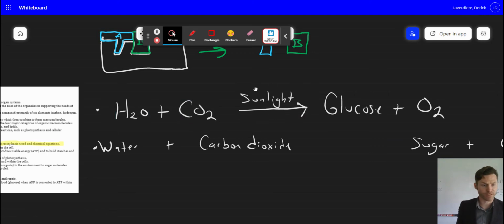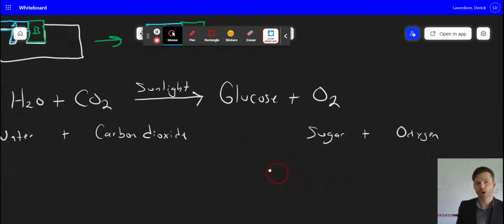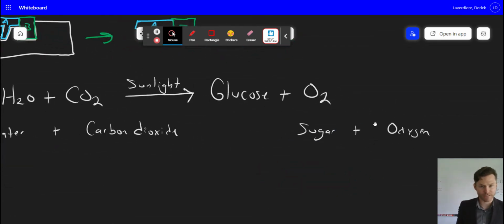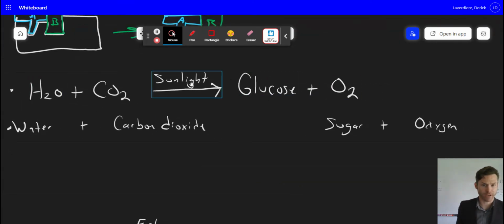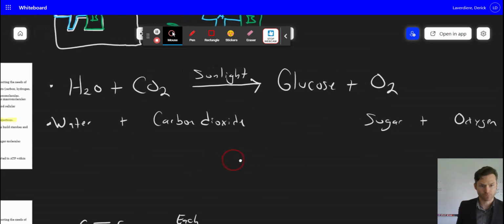In the presence of sunlight, will create the products of glucose and oxygen. Cool? That's it. That's our simple chemical formula right here. Doesn't have any moles or numbers or anything. But this is what it is. And here are our words because that's what the prompt asked for. Cool? That's it.